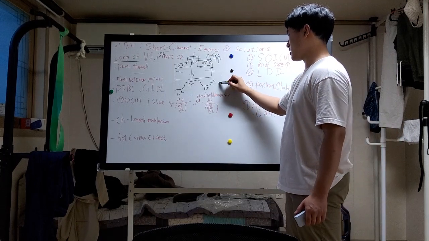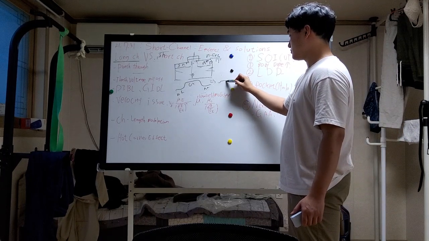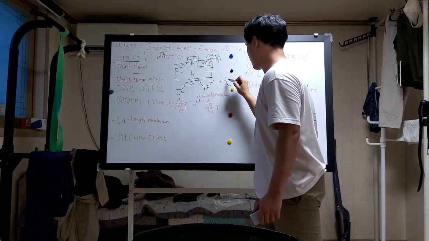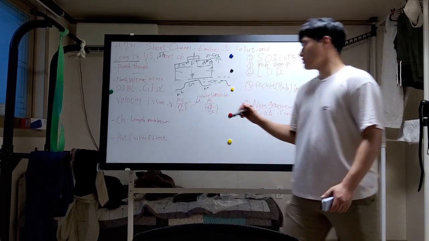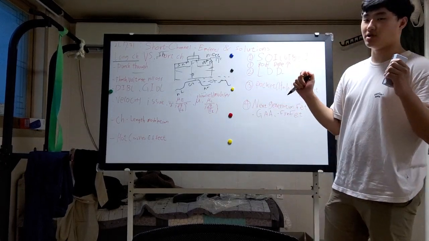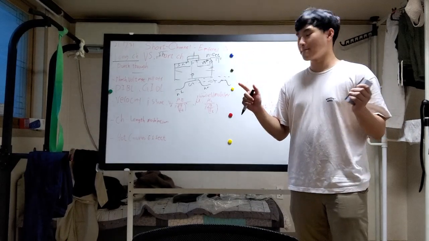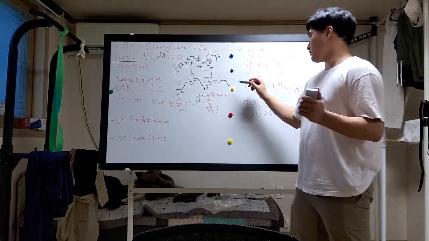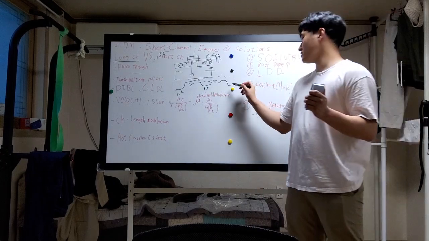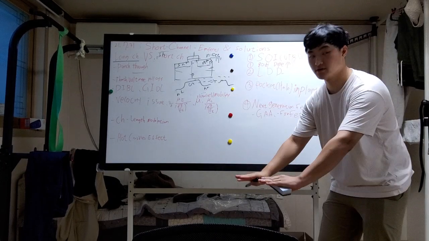As a short channel effect comes, if we have a big bias voltage in the drain part, then as we know, at the plus voltage, the energy band diagram will go down.